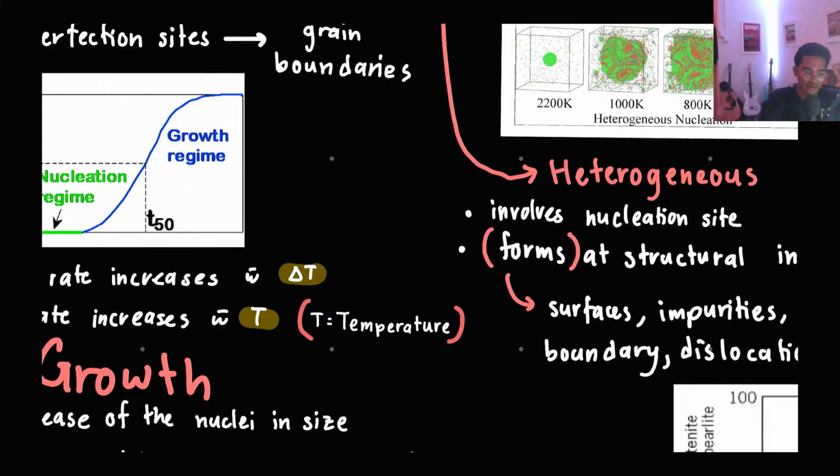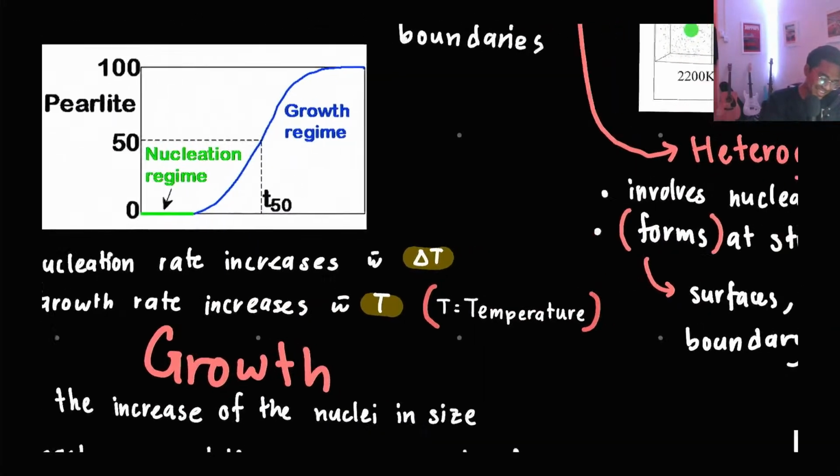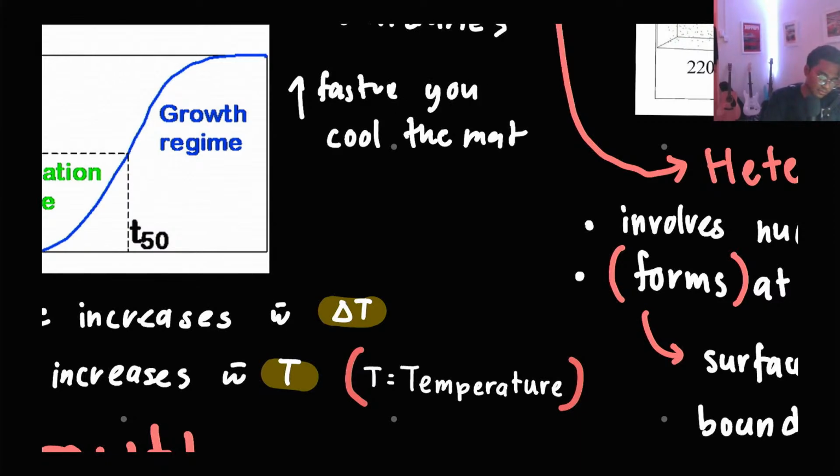Let's write here: meaning to say, the faster you cool the material, the more seeds emerge.